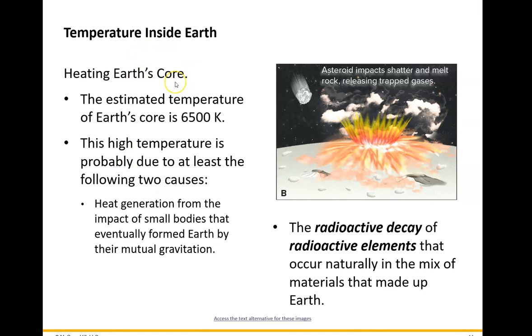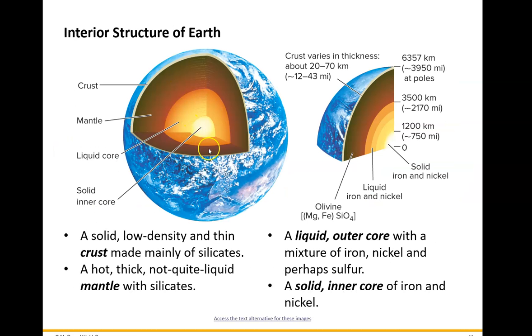All right, now what is it that heats the Earth? Here, let me go back a couple of slides. We know that the center of the Earth is extremely hot. It's hot enough, in fact, that the outer portion of this iron and nickel turns liquid.